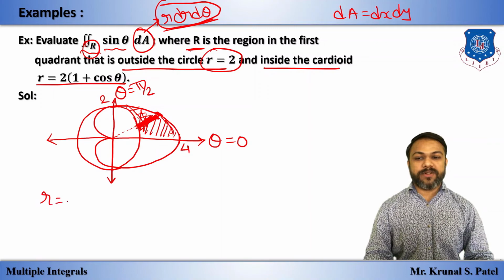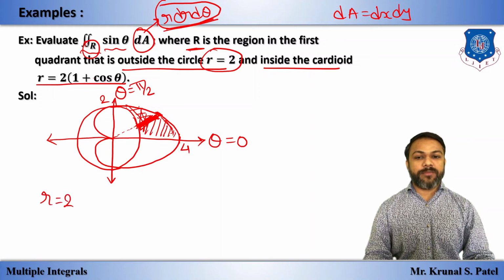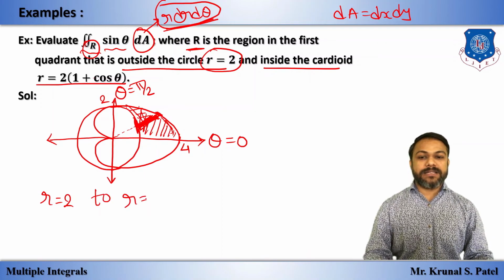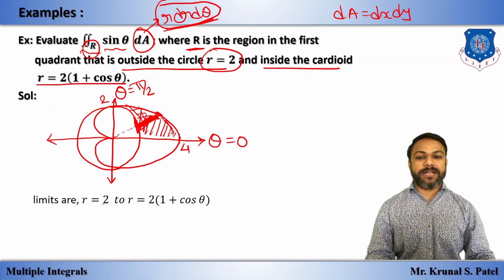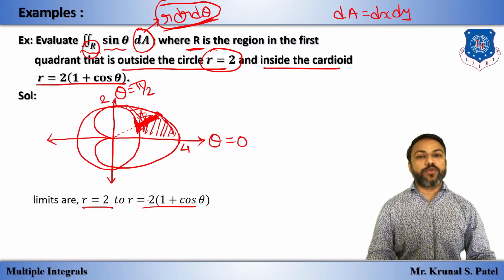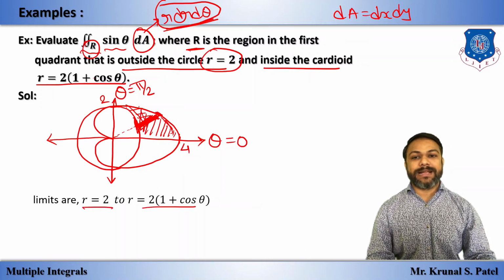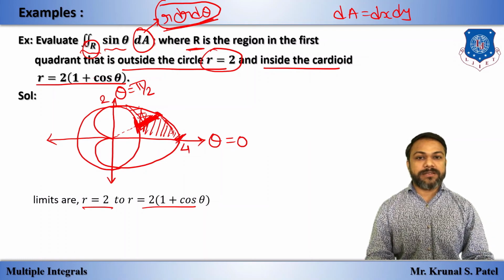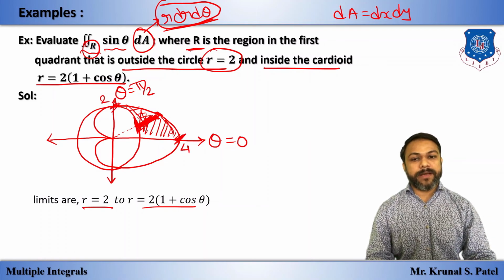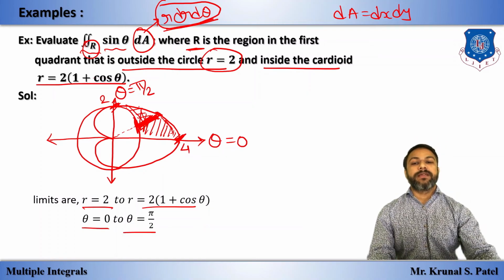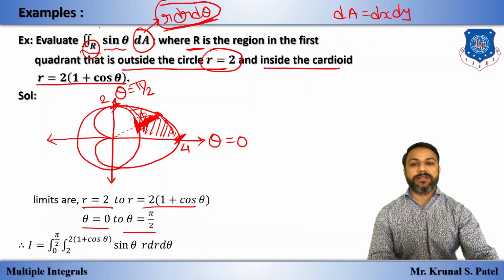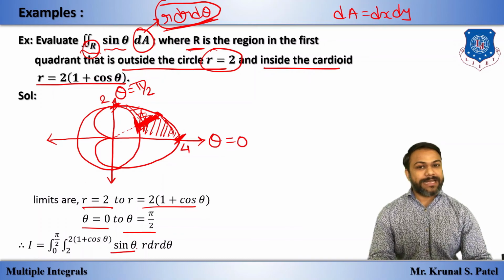So we have r from 2, the inner curve, to r equal to the second curve, which is 2 times (1 plus cos theta), and theta is from 0 to pi by 2. Now just put the limits in the given integration, with sin theta as it is.